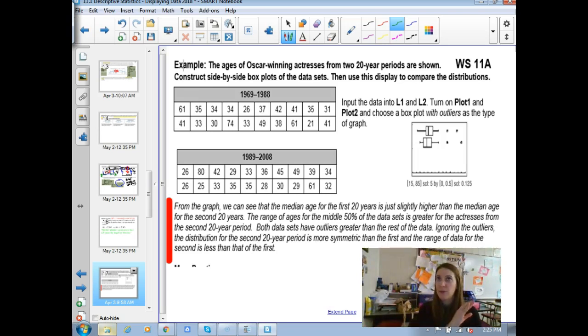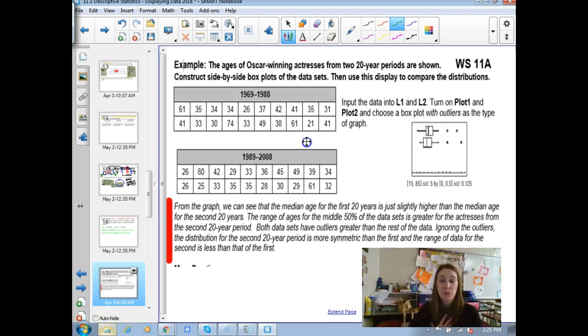We've talked about what an outlier might be in a set of data and why an outlier might occur before, so just keep that in mind if you're looking at what is clearly an outlier. Like here, it's the number of Oscar-winning actresses. If I'm just scanning through the data, I'm thinking the 74 and maybe even the 61s seem to be really far away from the rest of the data, so those might be considered outliers.